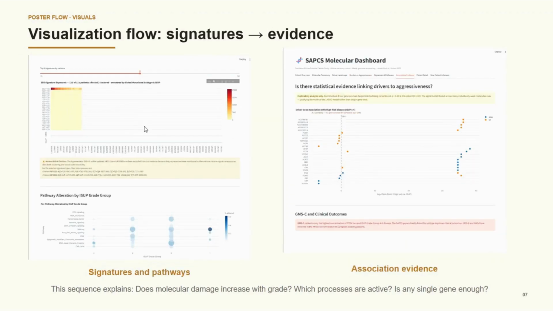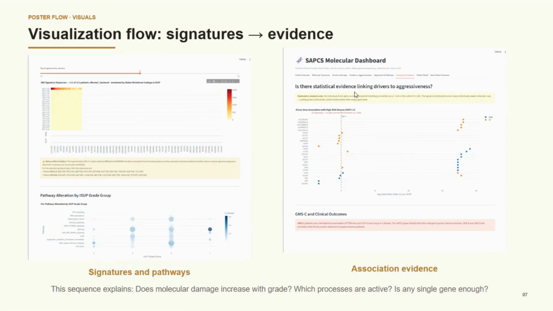Here, the next tab is a heat map, which shows us the signature exposure of the different patients to the different signatures, where we are using color coding to visualize higher, more extreme exposures to the specific signatures. And we've got pathway alteration as well, which helps us visualize the alterations of the pathways within the different patients.